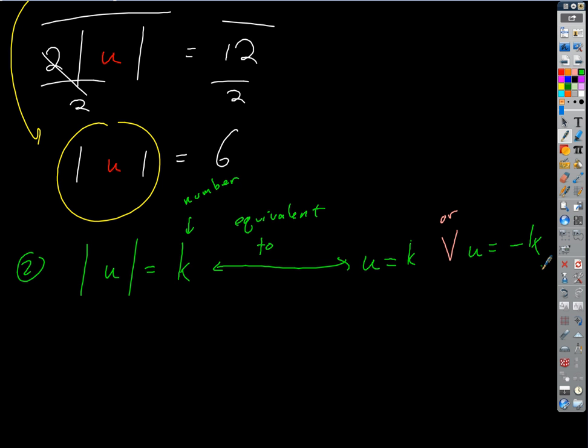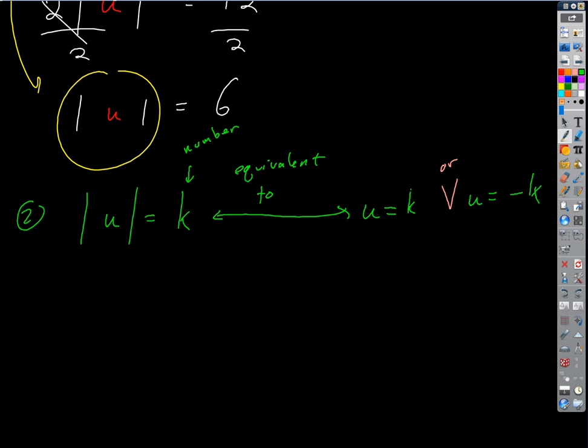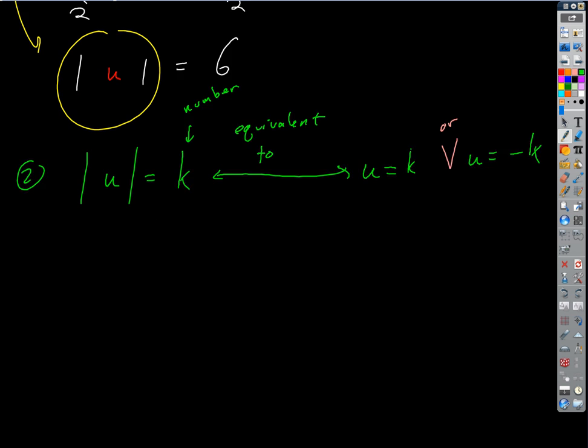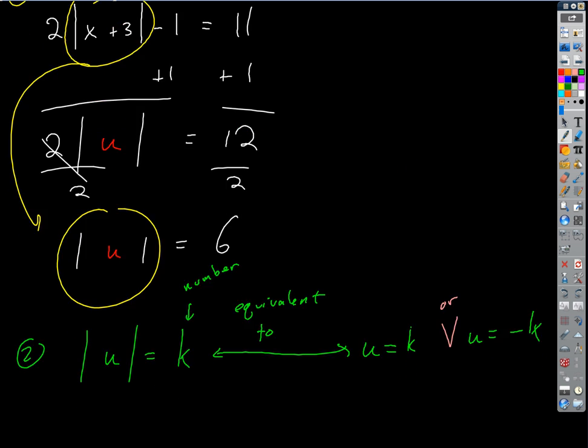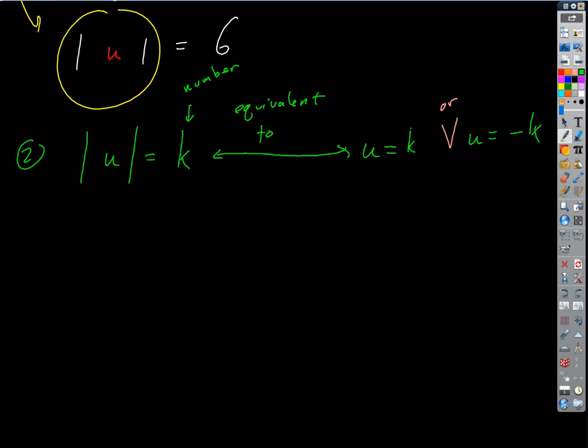That's it, right? Piece of cake. So then all we're going to do is make this trade right here. We can say, if that's true, then we get either U, and what is U? U is x plus 3. So then either what's inside, which is x plus 3 equals 6, or x plus 3 equals negative 6.